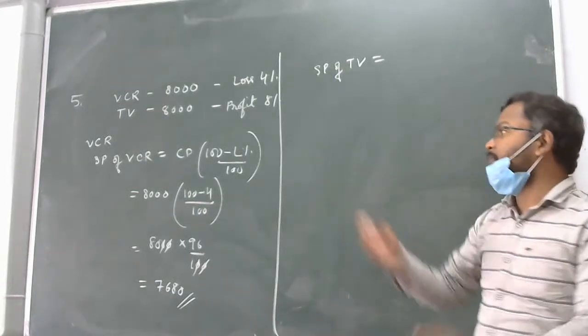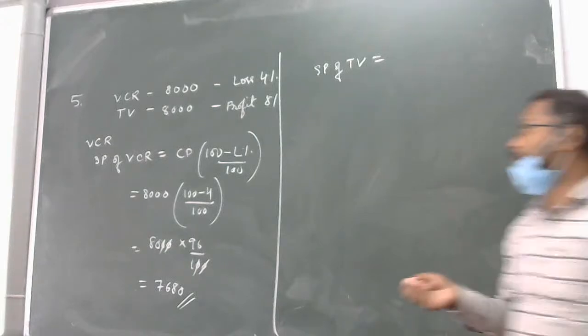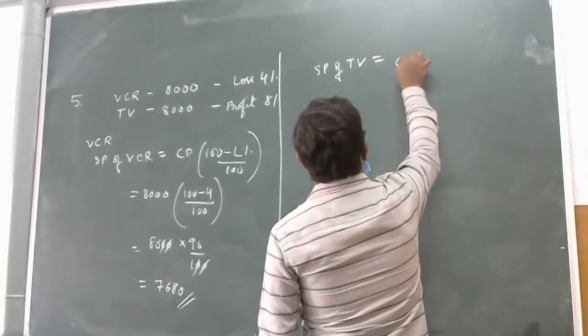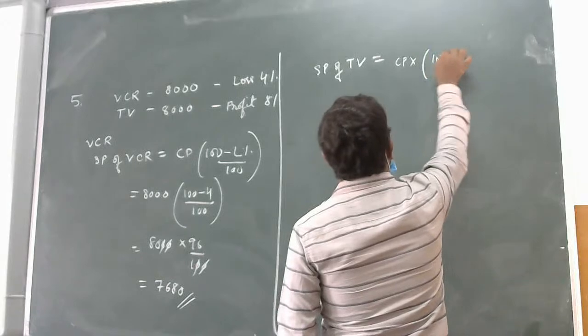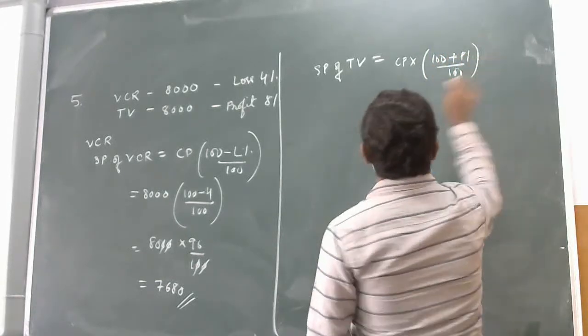First we have found the SP of VCR, and again we have to find the selling price of TV. What is the formula? Cost price into 100 plus profit percent, divided by 100.